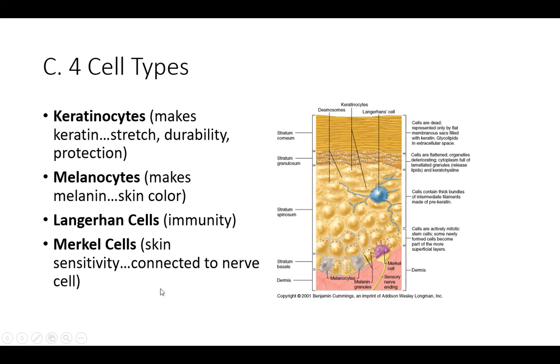Merkel cells are connected to the end of a sensory nerve cell, and here is that sensory nerve ending. Because of that connection, Merkel cells are not technically in the nervous system, but they do detect sensitivity. And so ultimately we can detect some sensation as a result of this Merkel cell being stimulated.